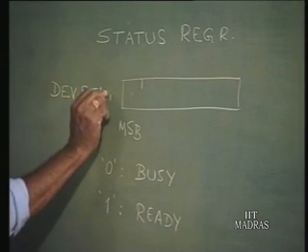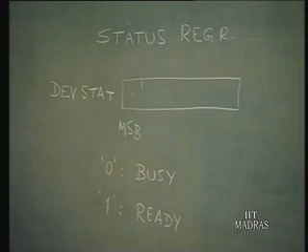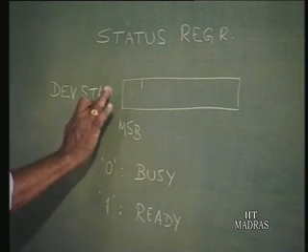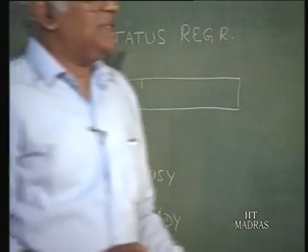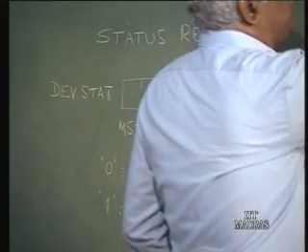Okay, device status is the address, we are just using a symbol instead of a specific address. And then there are many things that we can do. In I/O transfer, there is one method, I think I have not talked about it earlier, maybe I will explain that because it will be useful.